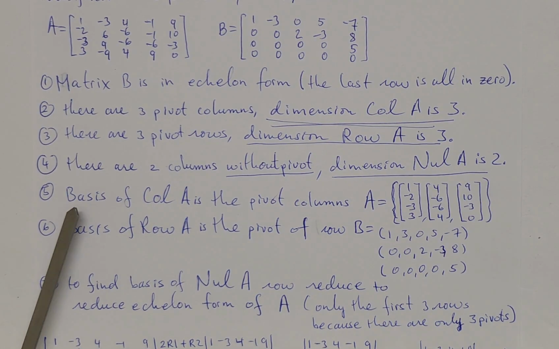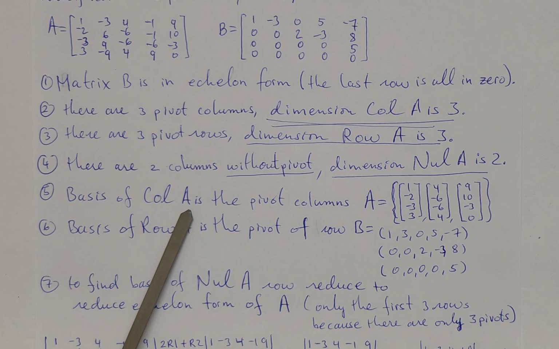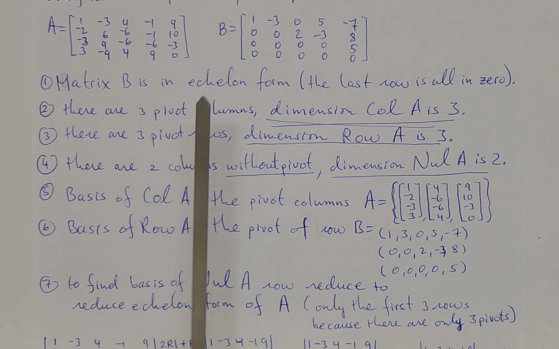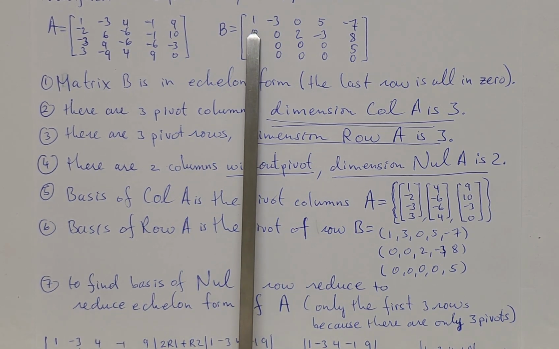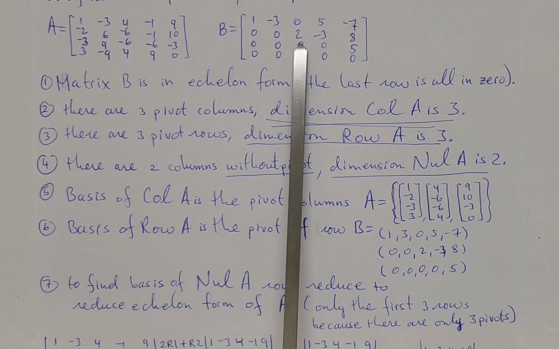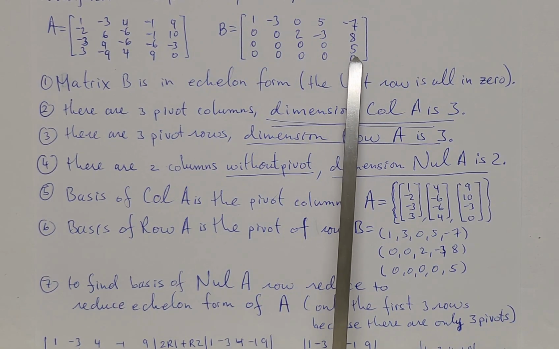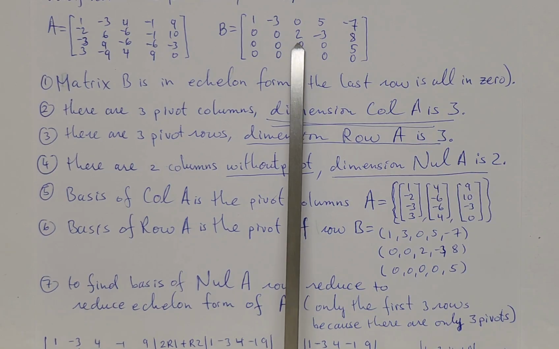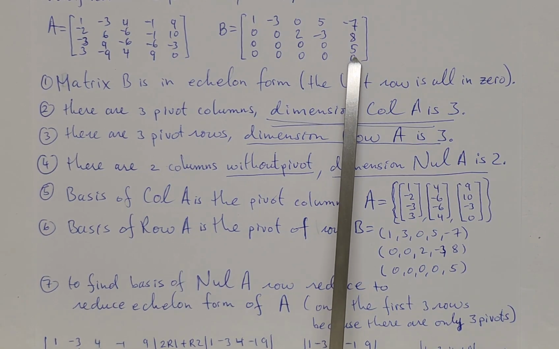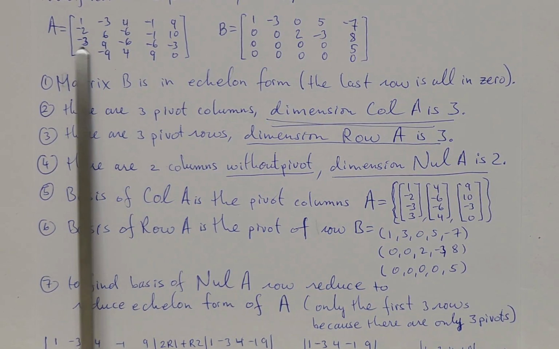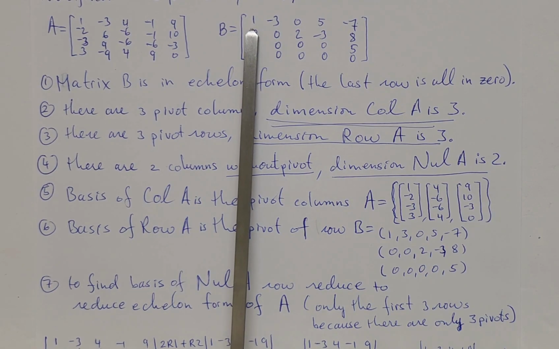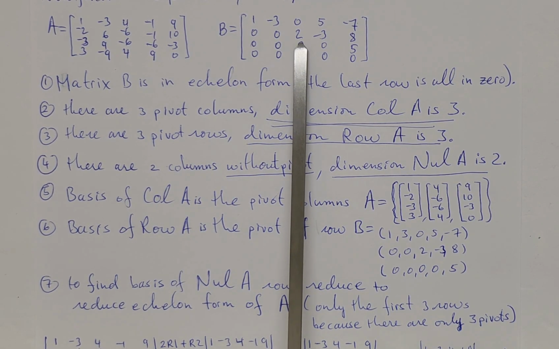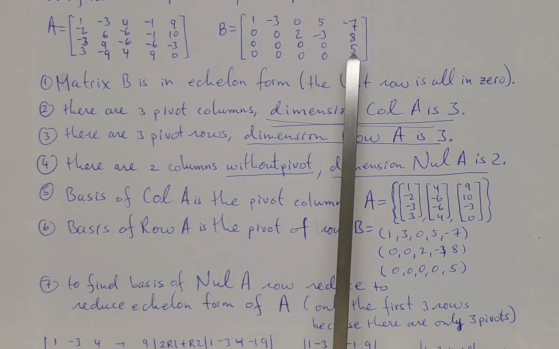Next, the basis of column A is the pivot columns. Here are the columns that have a pivot: column 1, column 3, and column 5. But we're going to use A, not B. Pivot 1, column 1; pivot 2, column 3; pivot 3, column 5.